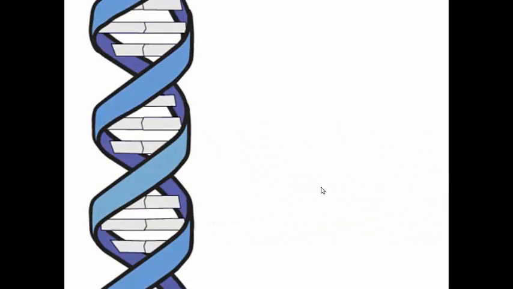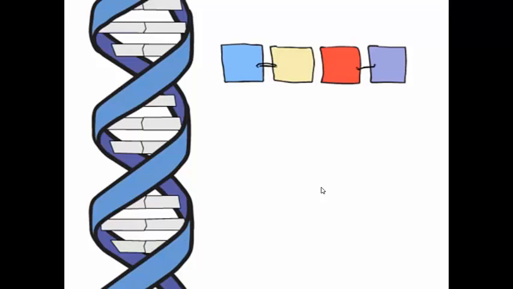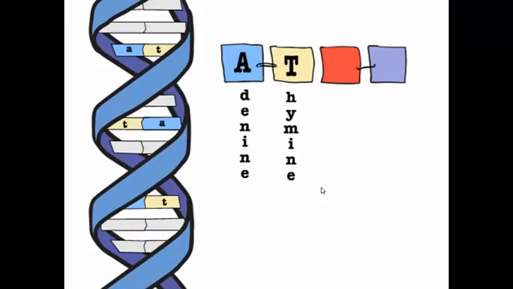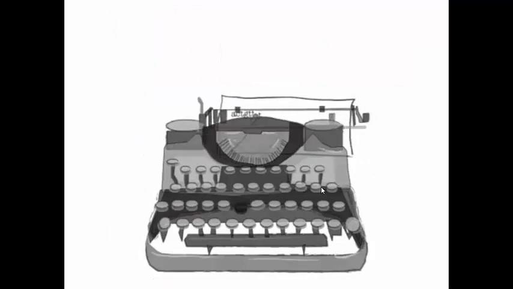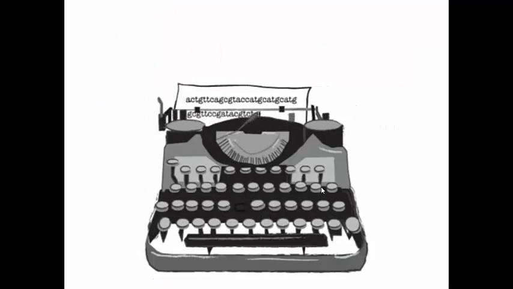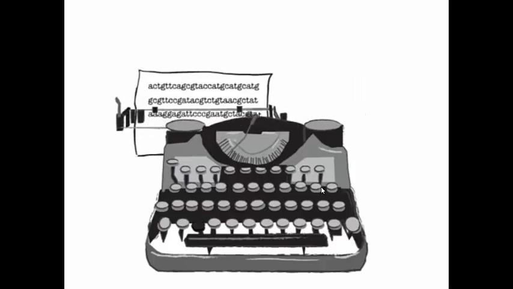DNA is a double-stranded molecule composed of sugar, phosphate, and 4 different bases: adenine, thymine, cytosine, and guanine. These bases spell out the language known as the genetic code.